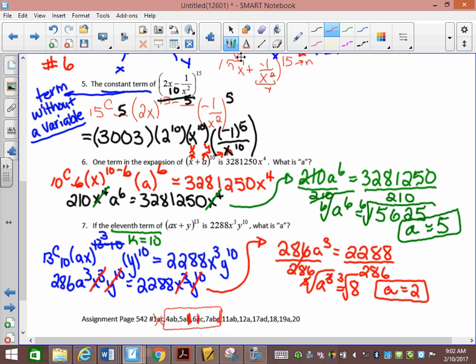Now my x to the 10s cancel, which is good because they need to cancel. Remember, negative 1 to the 5 is just negative 1. So your answer is going to be a negative number. It's going to be negative 3,075,072.